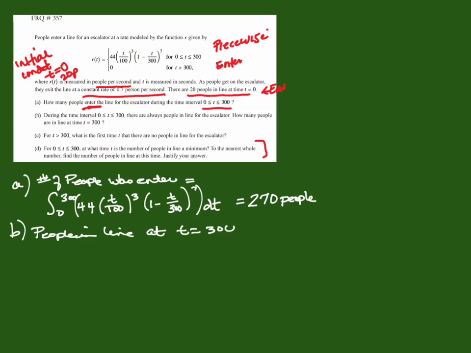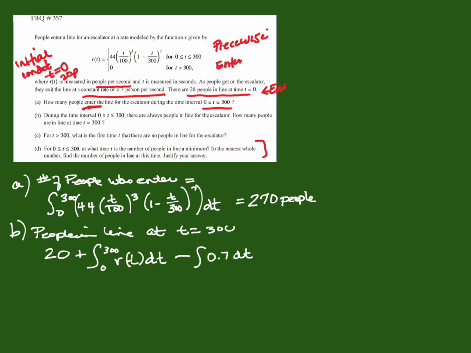So I don't have a function for the position or the original function, like x or whatever, so I'm just going to use the 20 plus the change, people coming on from 0 to 300. We already know that's 270, but we're going to write it the right way. Show what you know. Don't put 270 here. Show that you know you had to take that integral, and then we have to take off the integral of 0.7 dt.